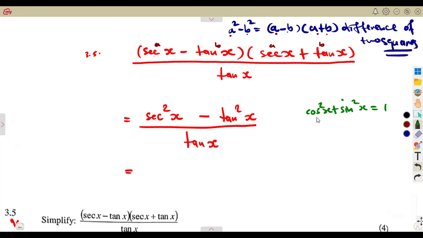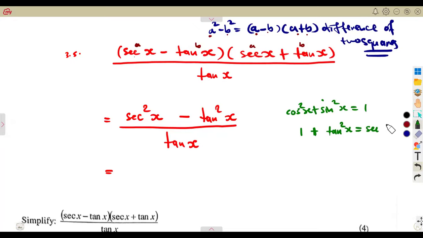From there, we can get the one with sec, which is 1 plus tan squared x, equal to sec squared x. If it was for cosec, 1 plus cot squared would be cosec squared. So here it is 1 plus tan squared, which gives us sec squared. From our normal presentation, this is what we understand.